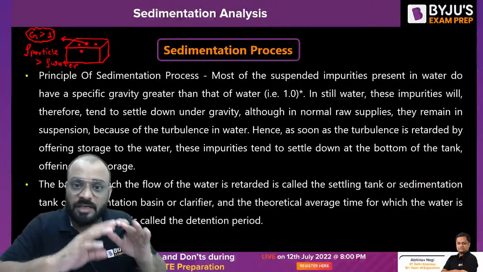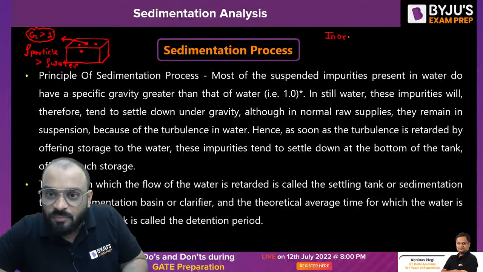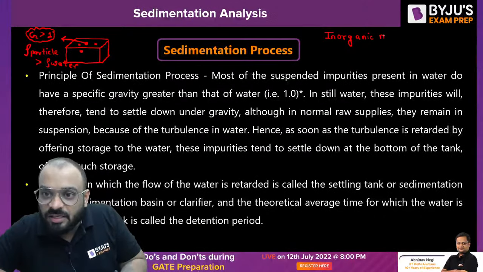So guys, we can say that there are two types of matter which may be present in the water or in the river water: the inorganic matter and the organic matter.